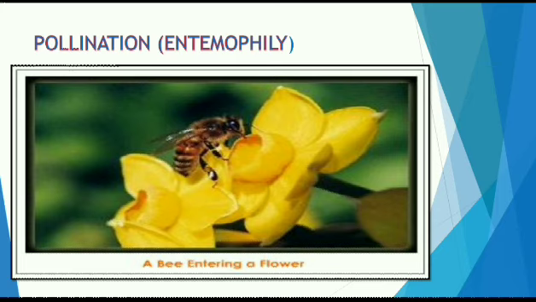Inside the anther there is the male gamete, and inside the ovule the female gamete, and fusion of the male and female gamete takes place. First the pollen grain will be transferred to the tip of the female part, that is the stigma. Okay. So transfer of pollen grain from anther to the stigma is called pollination. It can be transferred with the help of wind, insects, animals, us, water. So there are so many ways.